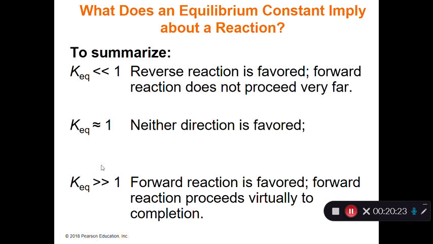If the equilibrium constant is too large, it means we have more products. It means the product side is favored. The system prefers to go in the forward reaction and progress in the forward direction. If the equilibrium constant is 1, it means neither the reverse nor the forward reaction is favored.